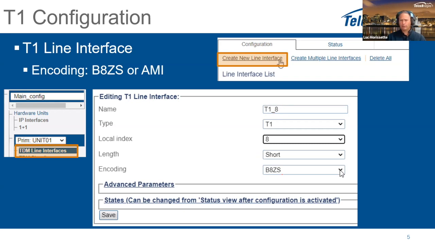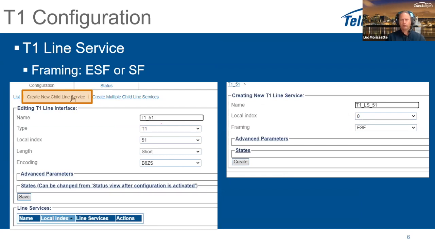Once you've created that new line interface, you need to go into that line interface and do create new child line service. All right, so the child line service here is shown at the top of that particular T1. And then you will see here, it will appear a new box. You can give it a name. So it could be the same name here, doesn't have to be a different name, but there's some naming convention I will show you later.